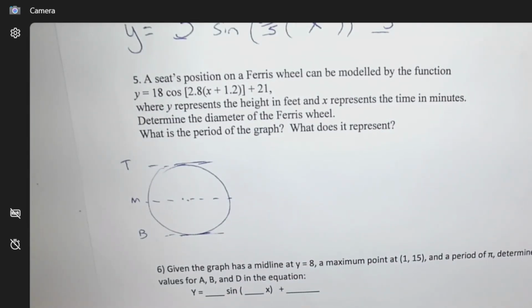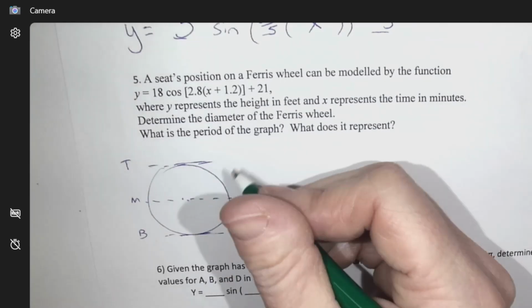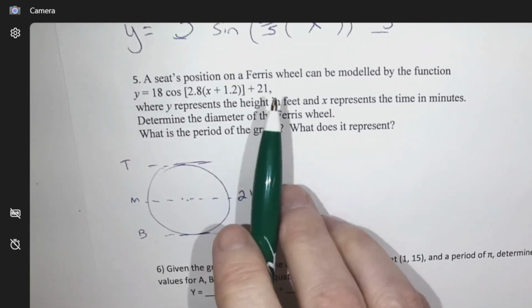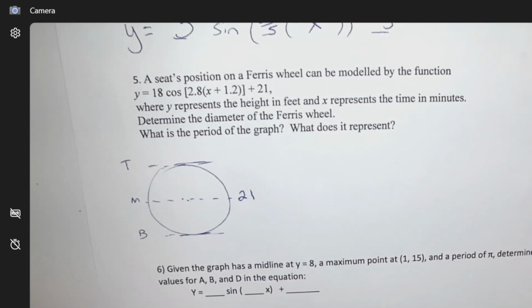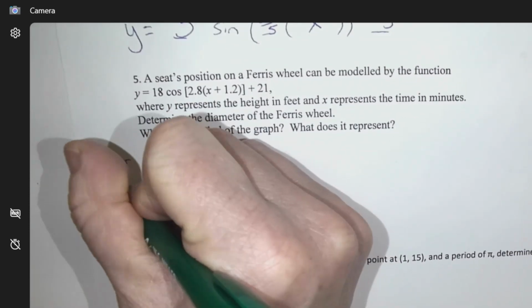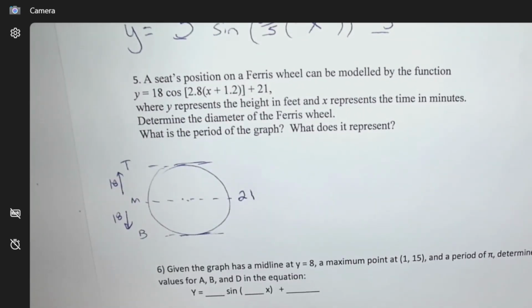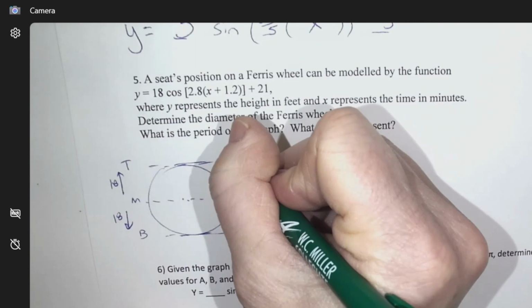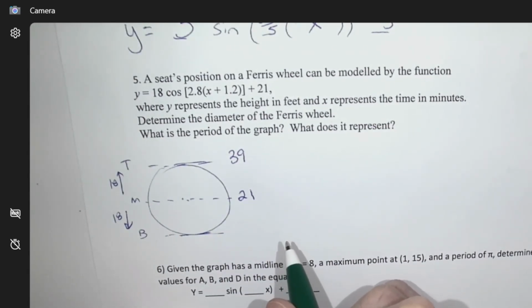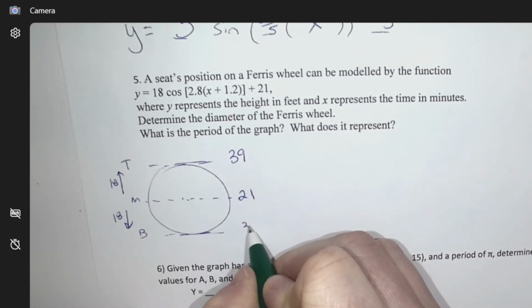What's your mid height? 21. Plus 21, that's your middle. Now, 18. What's your top height on this Ferris wheel if you have to be 18 above that? 39. What are you at the bottom? How much are you off the ground? 3. Would that make sense?